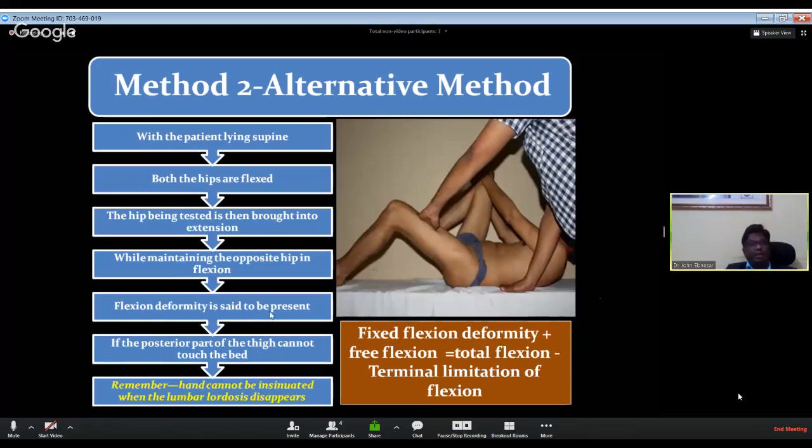Flexion deformity is said to be present if the posterior part of the thigh cannot touch the bed, or the hand cannot be insinuated when the lumbar lordosis disappears.